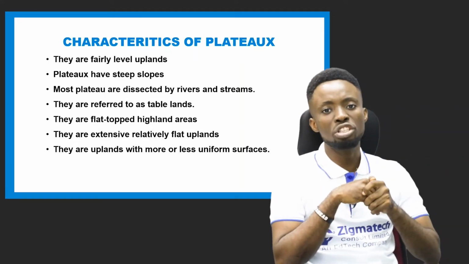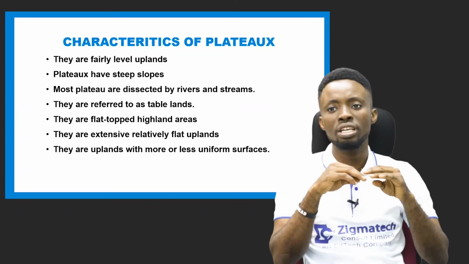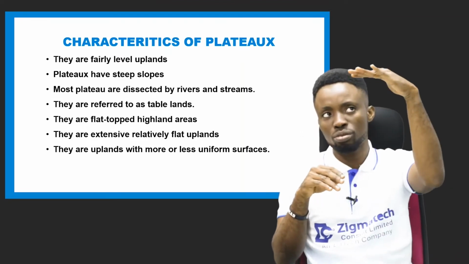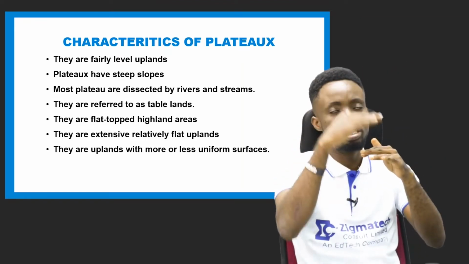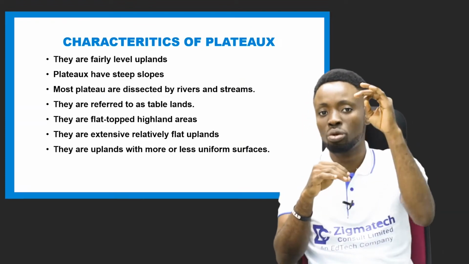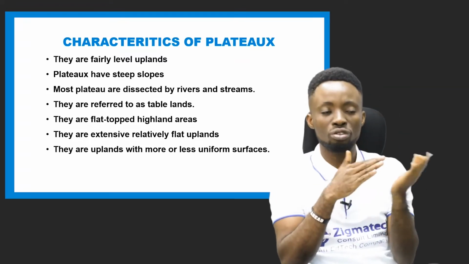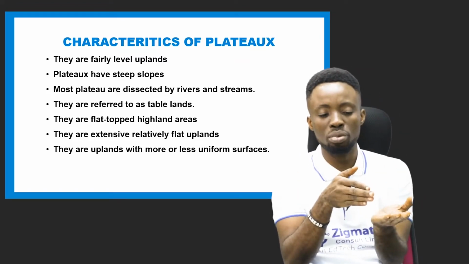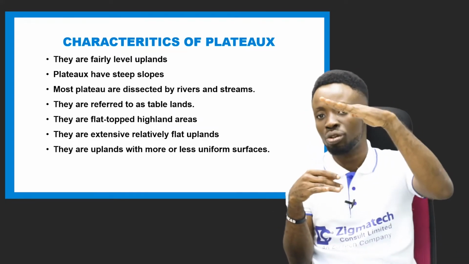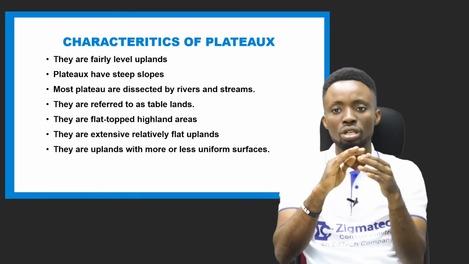Now, the first feature is that plateaus actually have level uplands. Their tops are actually flat compared to a mountain that has a peak and a steep side. But if you look at the plateaus, their top or their peak is actually flat in nature.